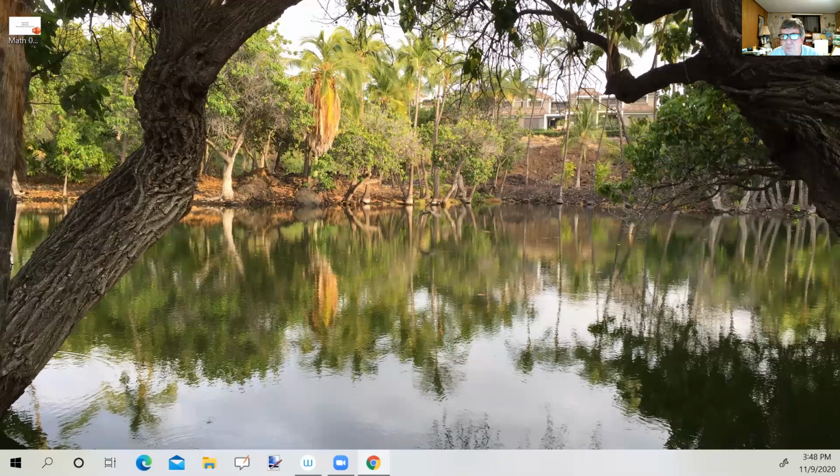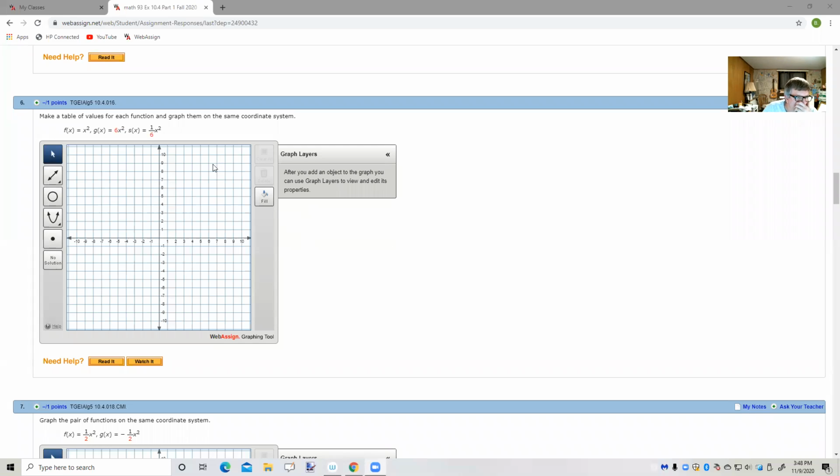Okay. So now let's take a look at WebAssign. So here it says, make a table of values for each function and graph them on the same coordinate system. Okay.